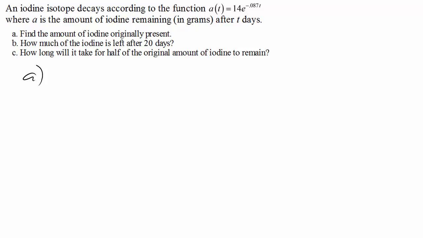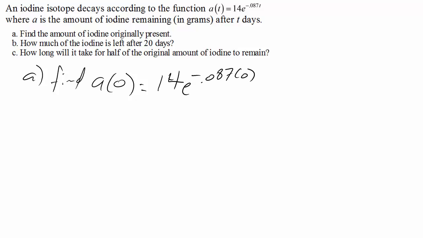All right, so if we're talking about something being present originally, that means that no time has passed. So what we're looking to do is find the amount at time 0. So we'll just plug 0 in for t into our equation, so that gives us 14e^(−0.087 × 0). 0 is going in for our t.